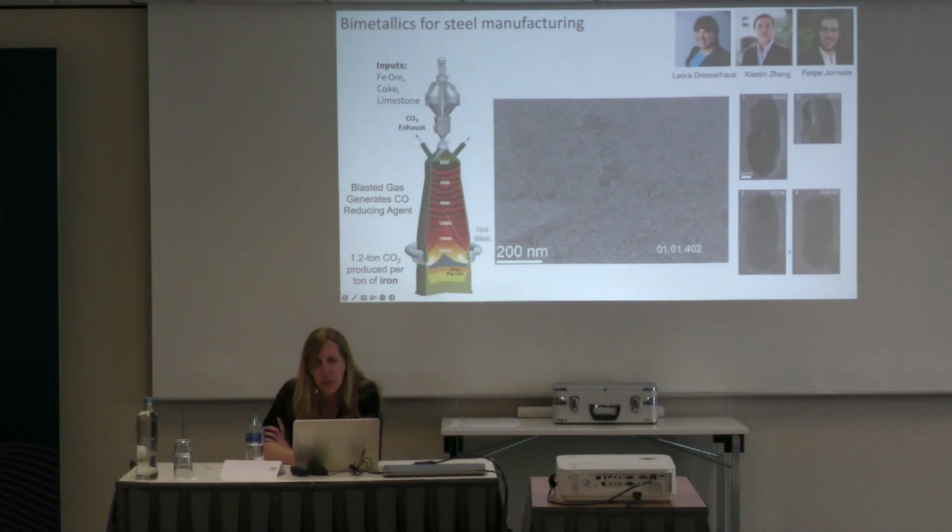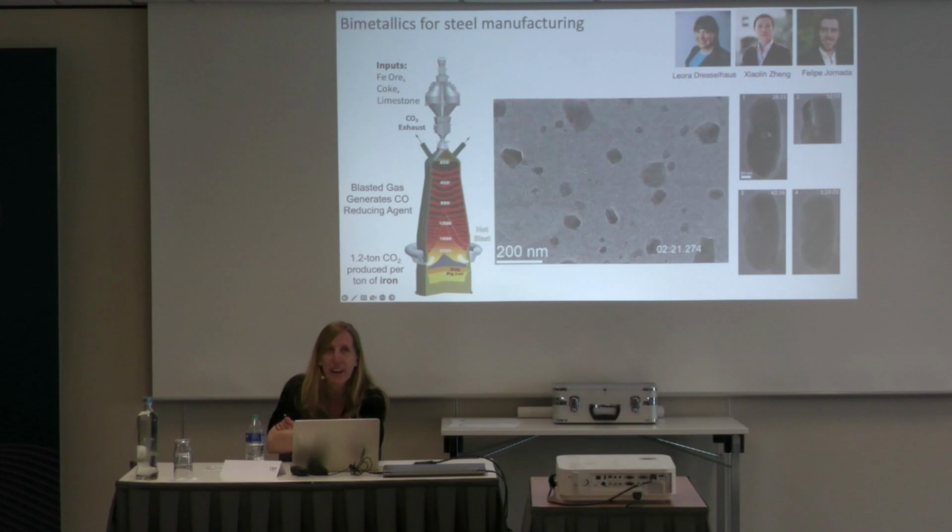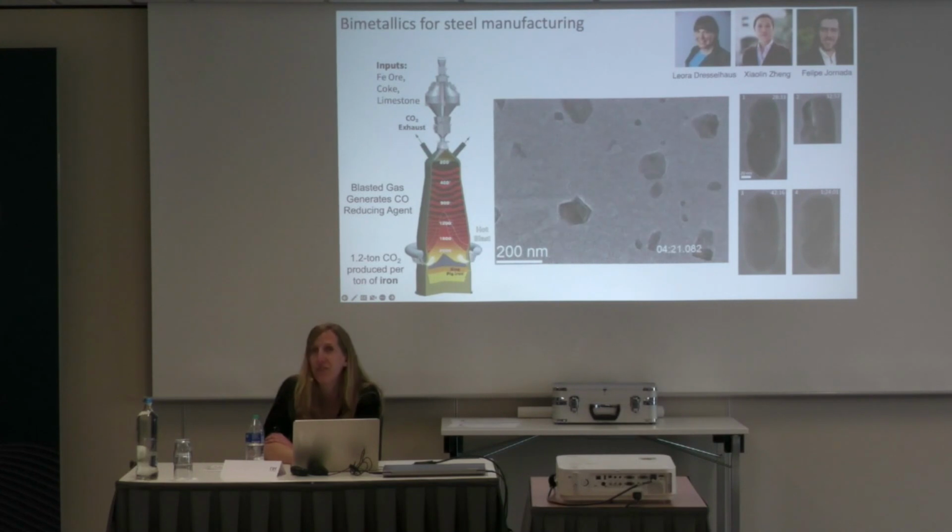And I have some images here where you can see there's actually a lot of parallels to some of the hydrogenation we saw in palladium, where it looks as if hydrogen is entering from the tips and then forming these sorts of phase interfaces and moving across the nanoparticle as the Fe2O3 becomes pure iron.